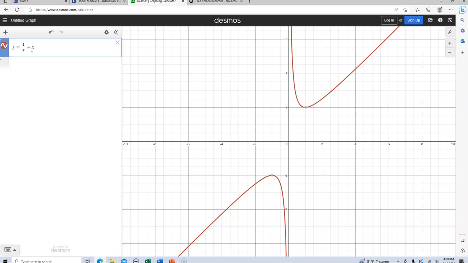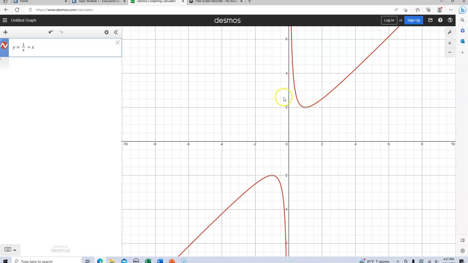One more time, 1 over x plus x. If I wanted to add these two together, I would make a common denominator where I'd multiply x by x over x, which is multiplying by 1. So I would have 1 plus x squared over x, and then the degree of the numerator here would be greater than the degree of the denominator.